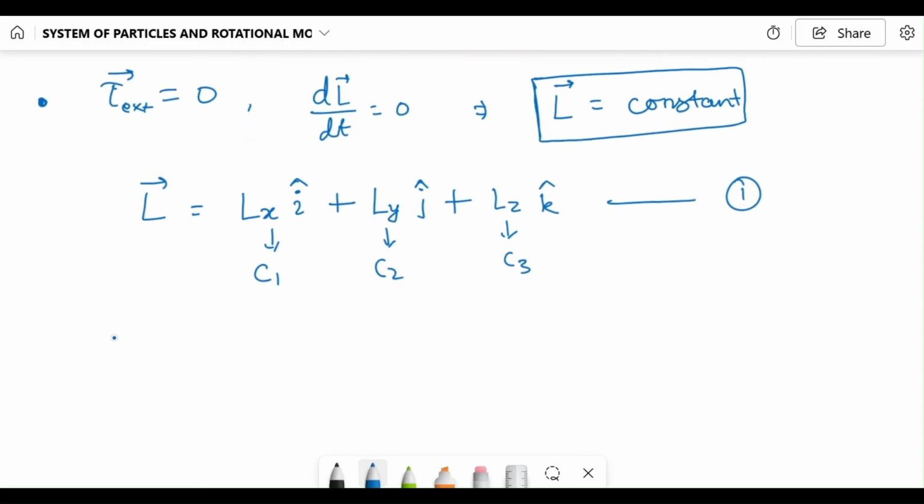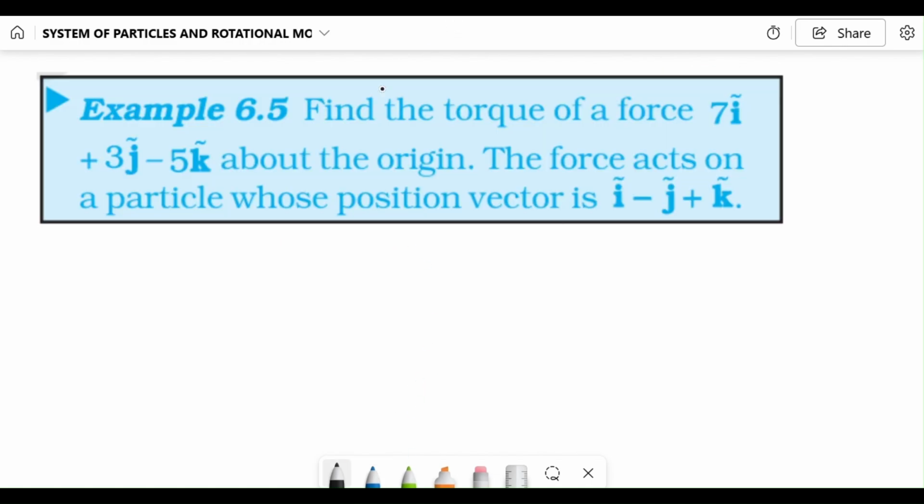Okay, now let's go for a problem, an example from your textbook. So let me bring that first. Okay, so here we have example 6.5. We have to find the torque due to a force given in its component form, about the origin. The force acting on a particle and the position vector of that particle are given. So we need not draw anything for this particular problem.